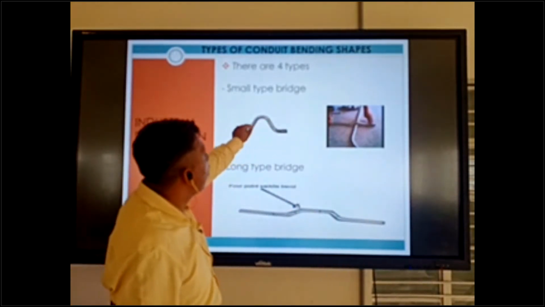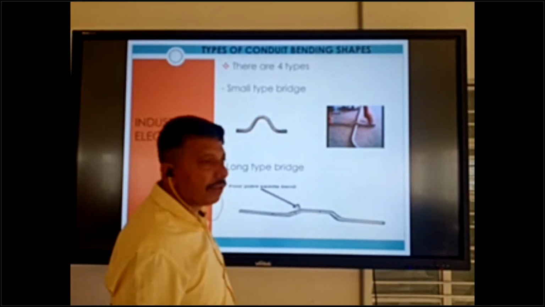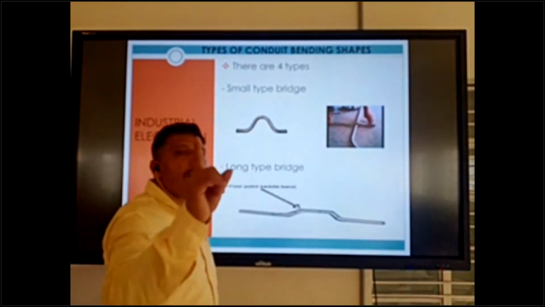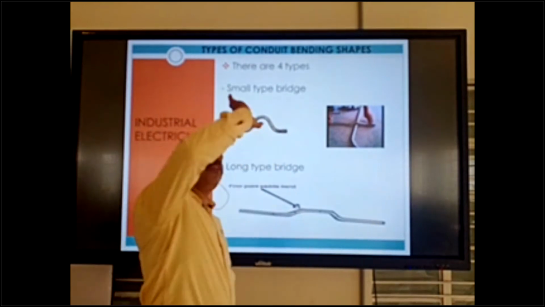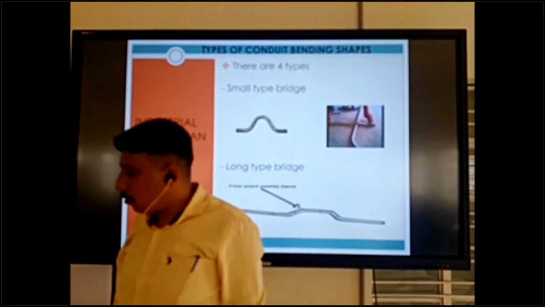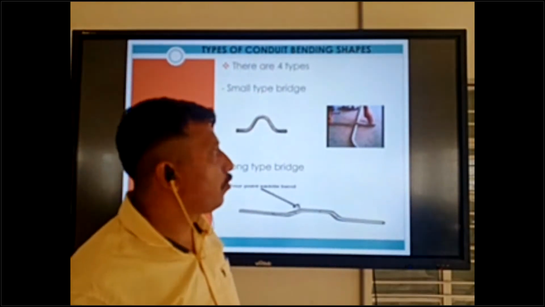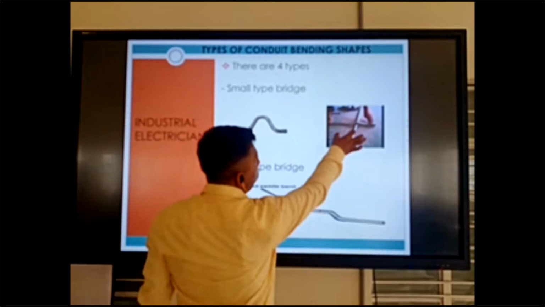This is the small type bridge. If you are crossing only one pipe, suppose you are working in a slab and there is already one pipe running, you can make the opposite crossing.